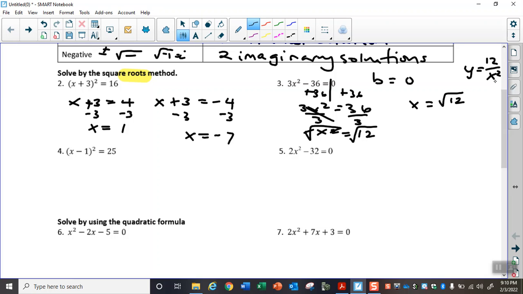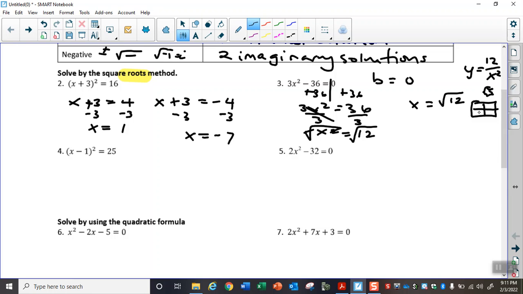So I'm going to do this in Desmos. I'm going to do y equals 12 divided by x squared, and then I'm going to click on the gear so I can look at the table. I'm going to find the biggest number that is not a decimal. Notice I've got 1 times 12, and so on.